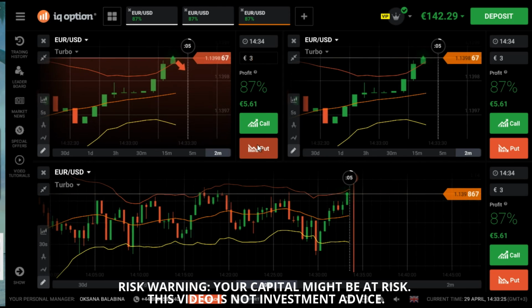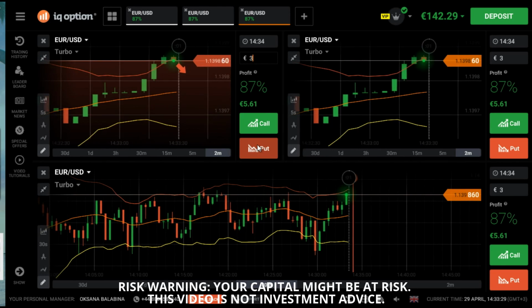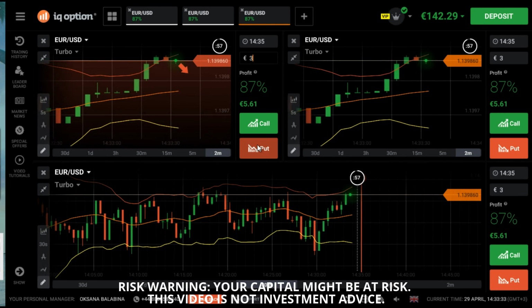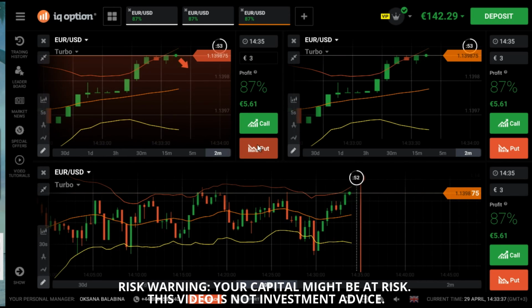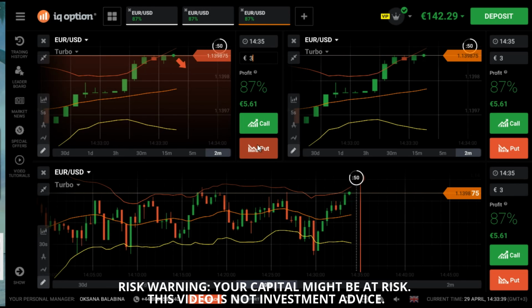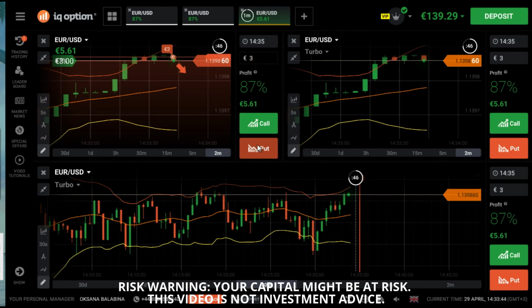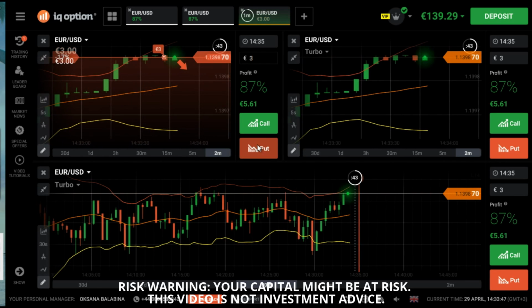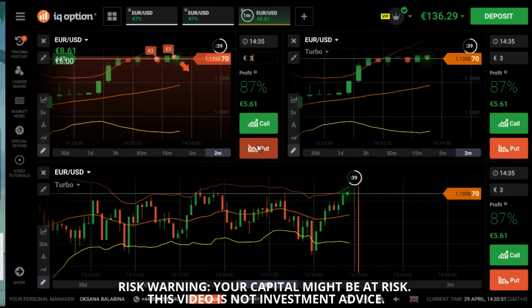I'm just checking how long the green's gonna grow. I'm just still waiting. Probably it's gonna reverse. That's why I placed the reversal on the first window.